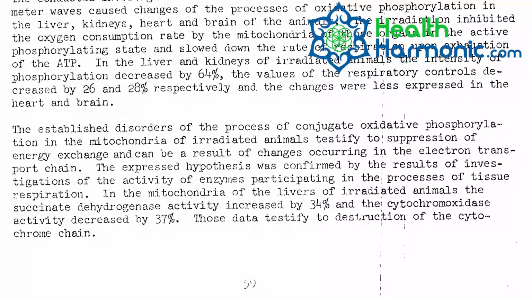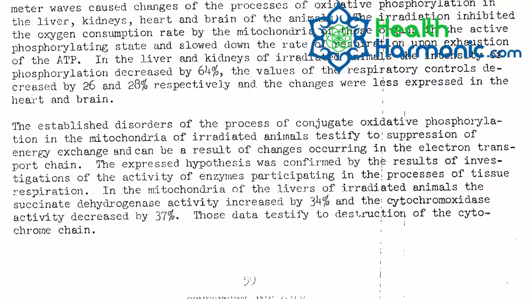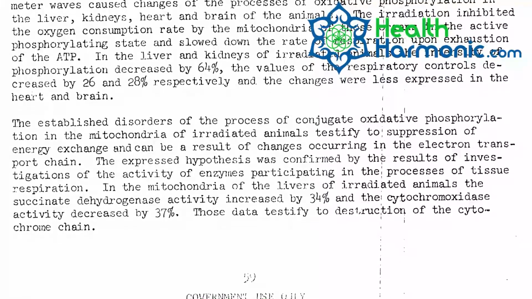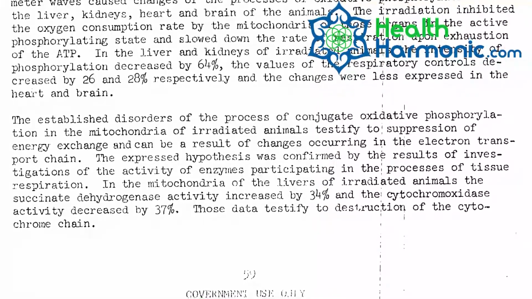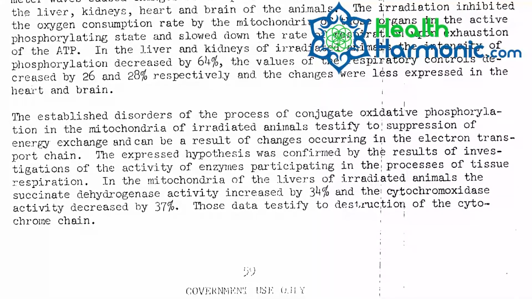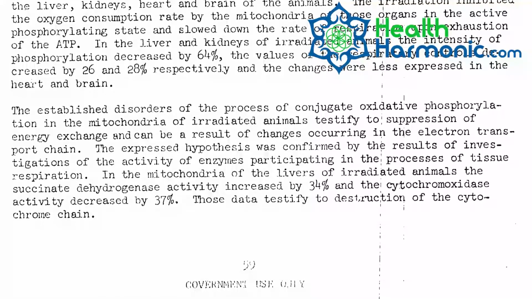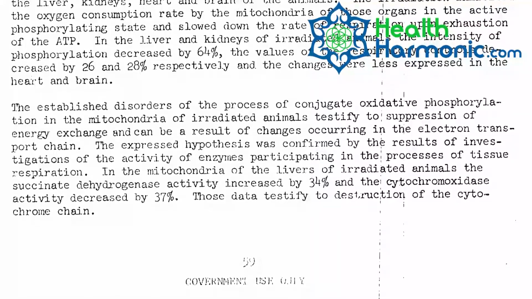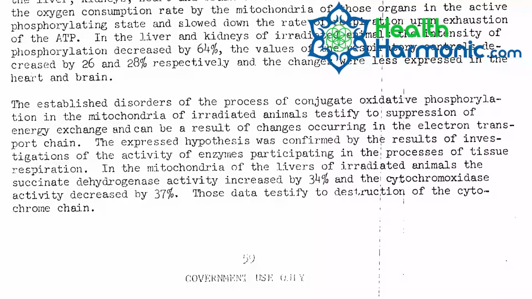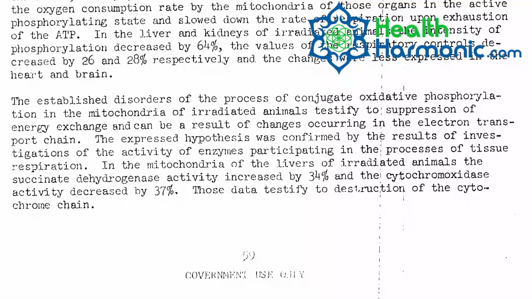In the mitochondria of the livers of irradiated animals, the succinate dehydrogenase activity increased by 34%, and the cytochrome oxidase activity decreased by 37%. Those data testify to destruction of the cytochrome chain. This was in 1977, and this is not the only research that was done on this process.